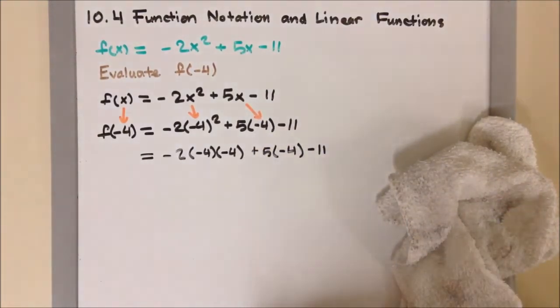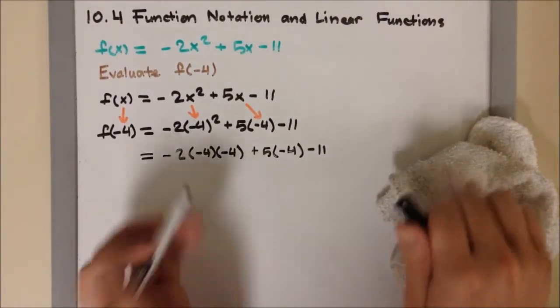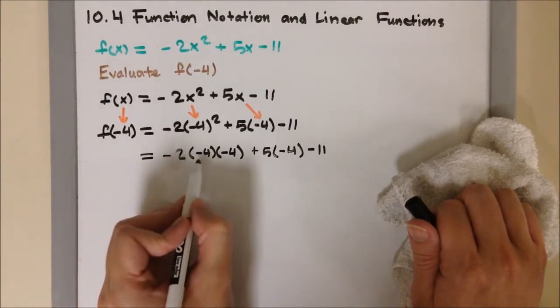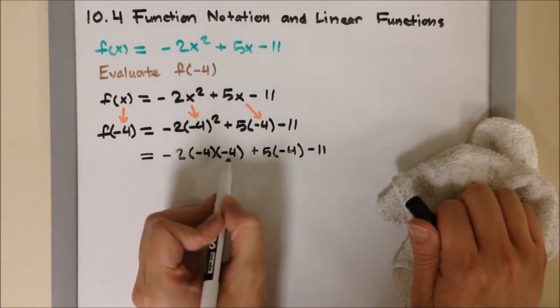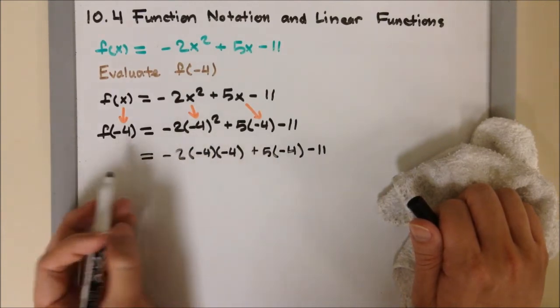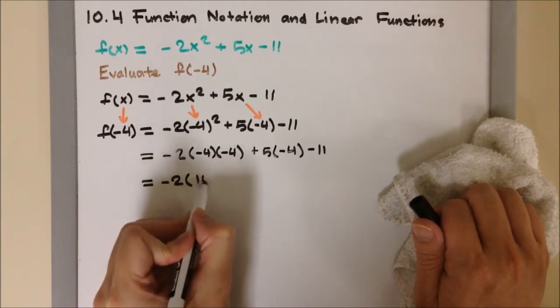The reason I'm expanding it is to show you the work and how we got the answer. When you look at this, negative 4 times negative 4, when these two negatives multiply, we're going to get a positive 16. So we're going to get negative 2 times positive 16.